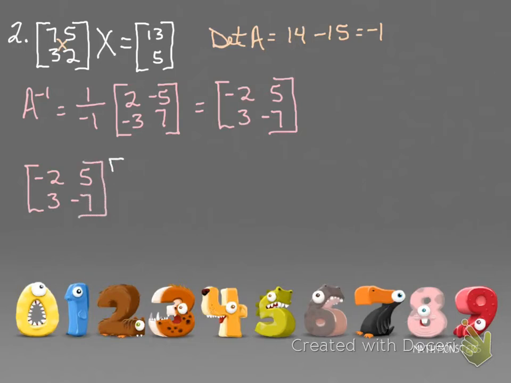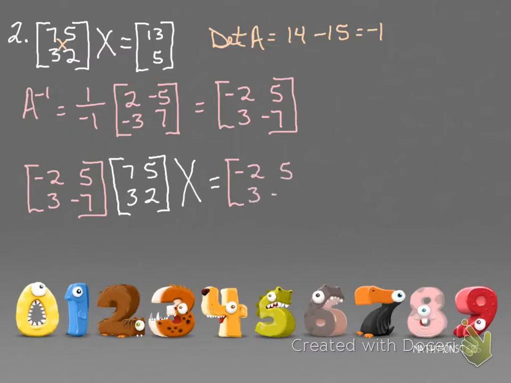I take my inverse A, multiply it by matrix A, 5, 7, 3, 2, X equals, and then I'm going to multiply the inverse by my matrix B, 13, 5.